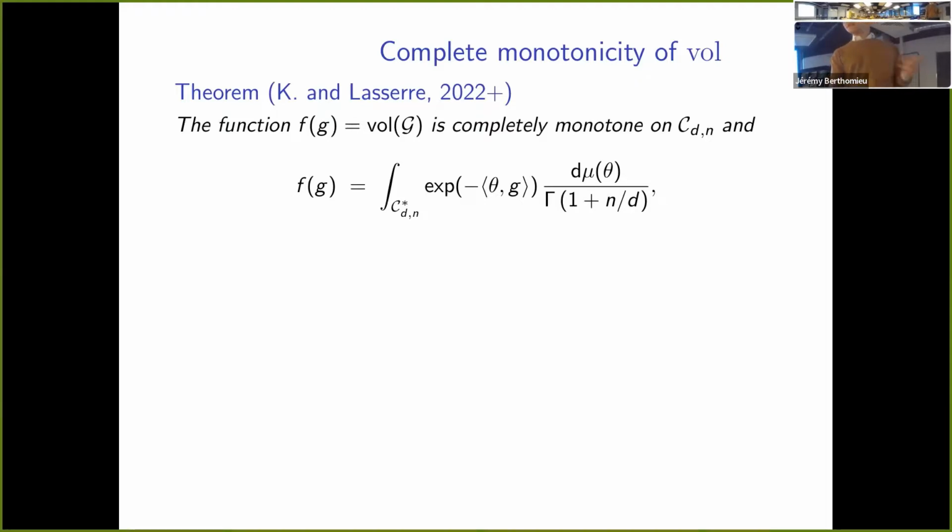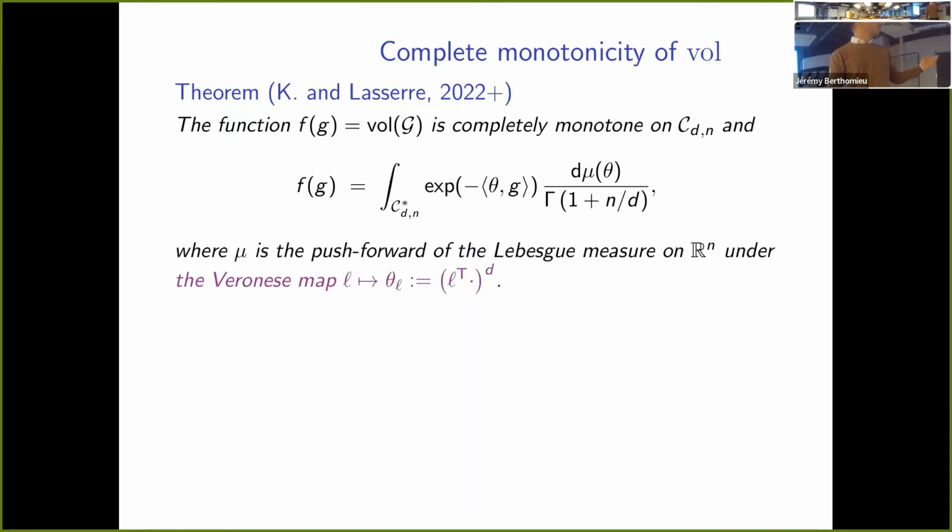And you can ask, what is the measure? So the measure, of course, we expect to have some Borel measure on the dual cone. And this measure is just the push forward of the Lebesgue measure under the Veronese embedding. Okay, so you take the Veronese embedding that already appeared in the definition of the dual of the moment cone, and you push forward the Lebesgue measure under this map. That will be the representing measure up to this gamma function.